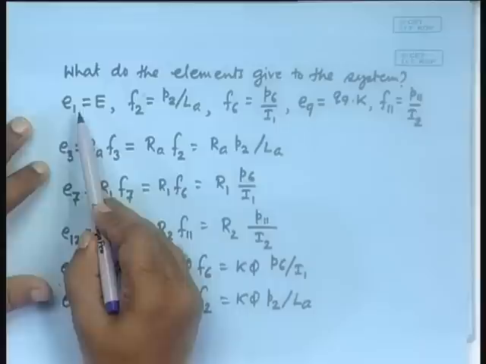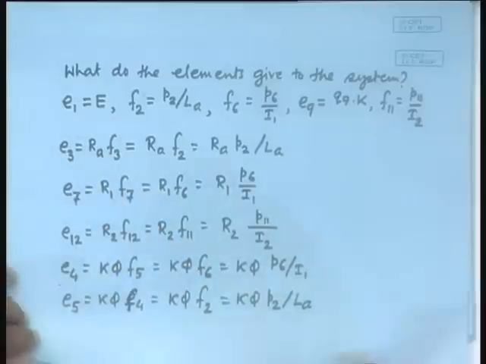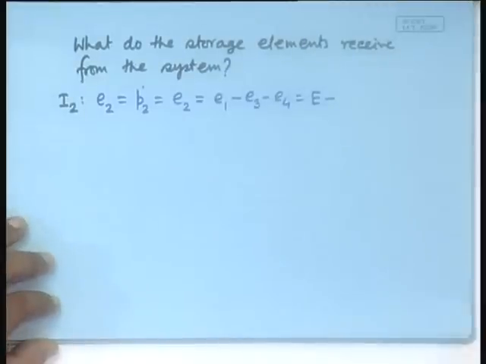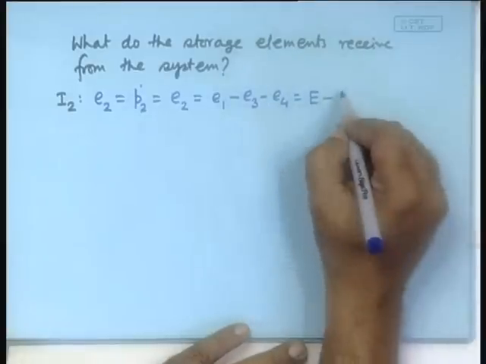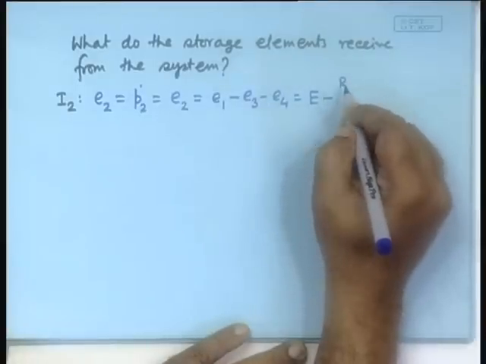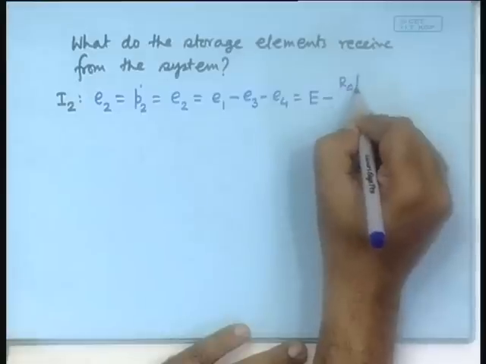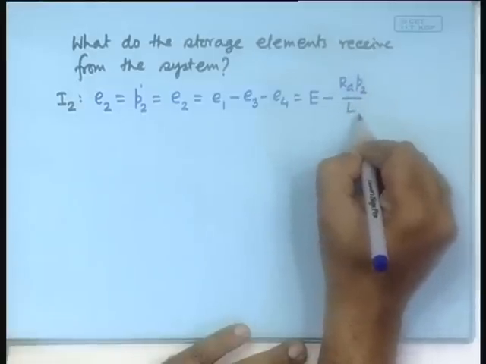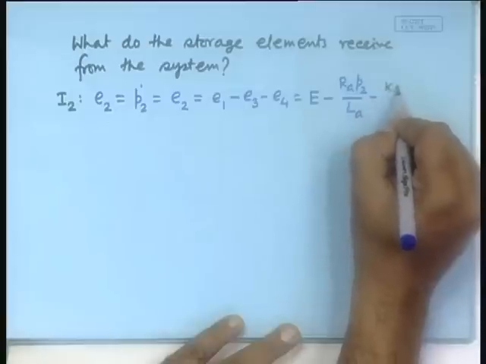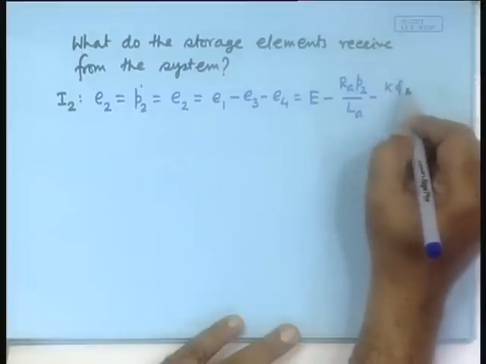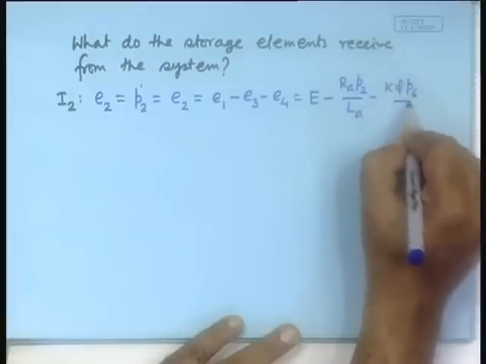So, you get E minus RA P2 by LA minus K phi P6 by I1.